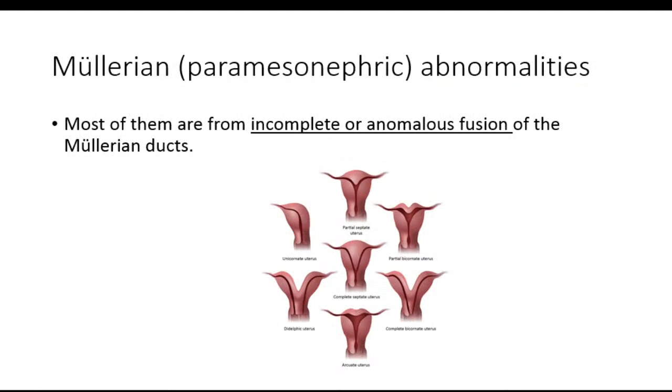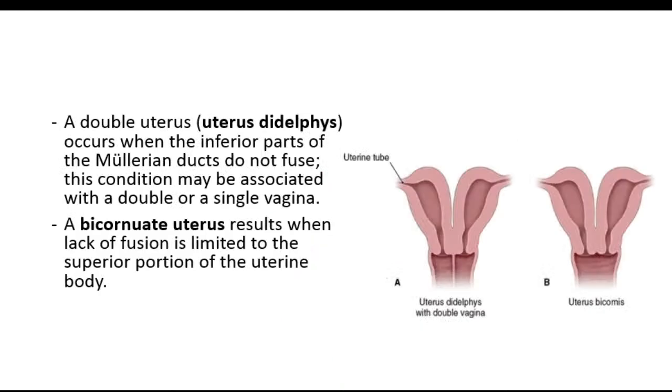Mullerian abnormalities most commonly come from incomplete fusion of the Mullerian ducts from right or left ducts, and double uterus or uterus didelphus occurs when the inferior part of the Mullerian ducts do not fuse.